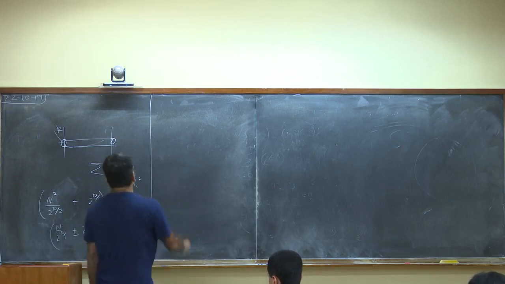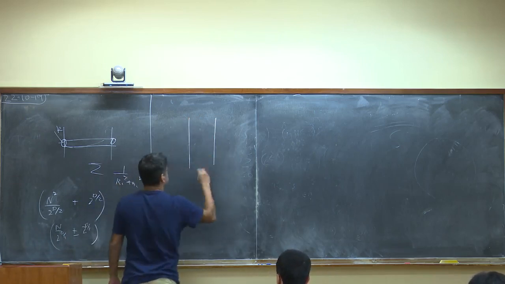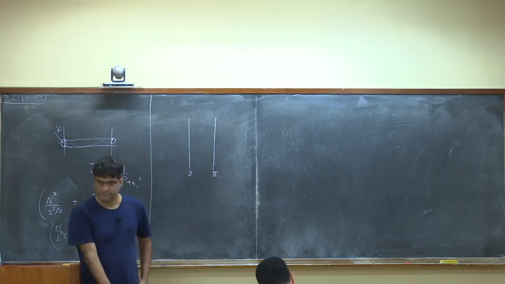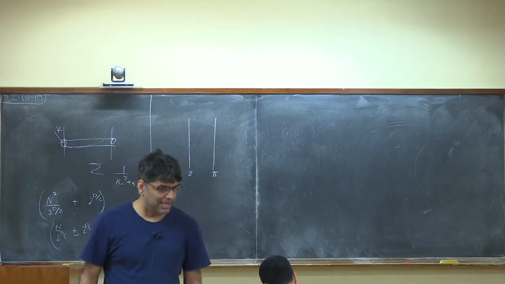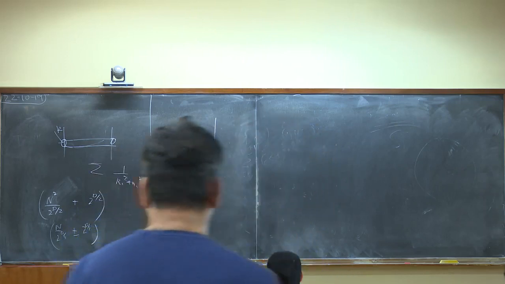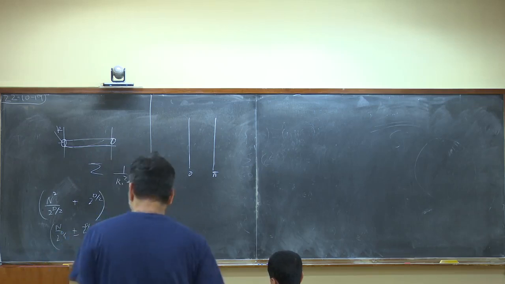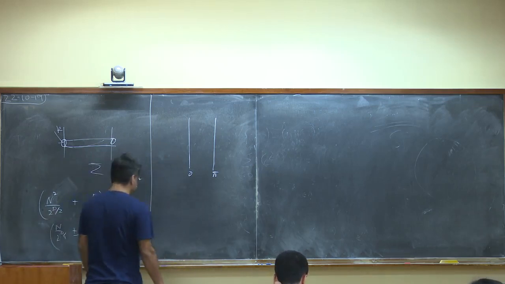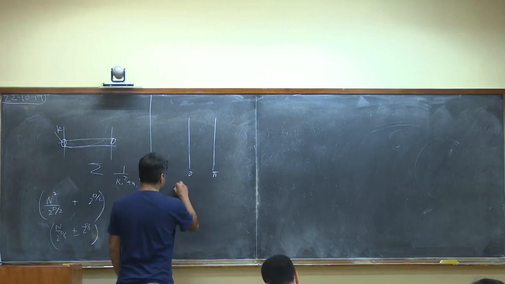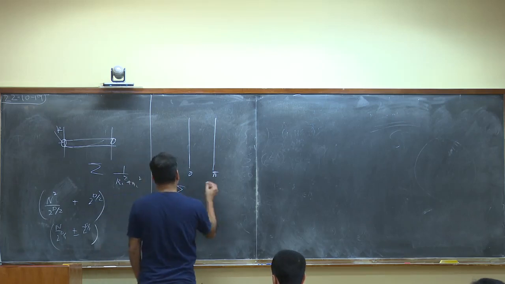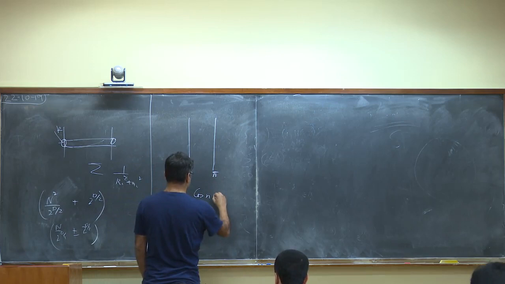So let us remember what an open string was. It went from 0 to pi. And let's remember that so far we've put Neumann boundary conditions at the ends of the string. Neumann boundary conditions tell us that the expansion of the string is in cos n sigma.